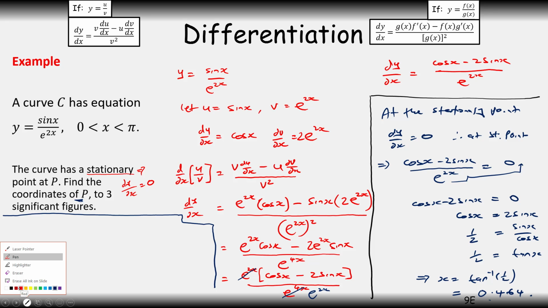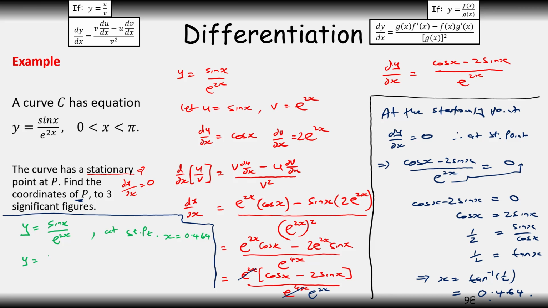So in order to find that, I'm going to try green. We've got y is equal to sine x divided by e to the power of 2x. At the stationary point, x is equal to 0.464. So we apply that then.